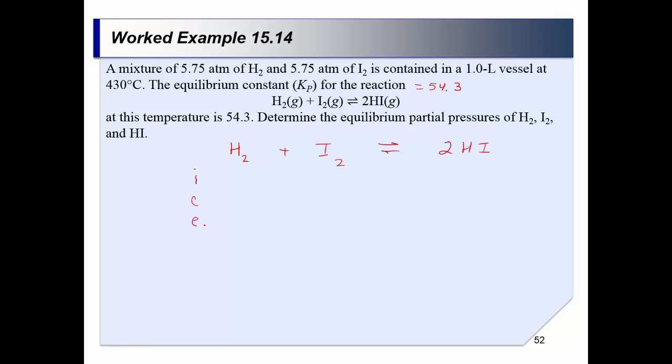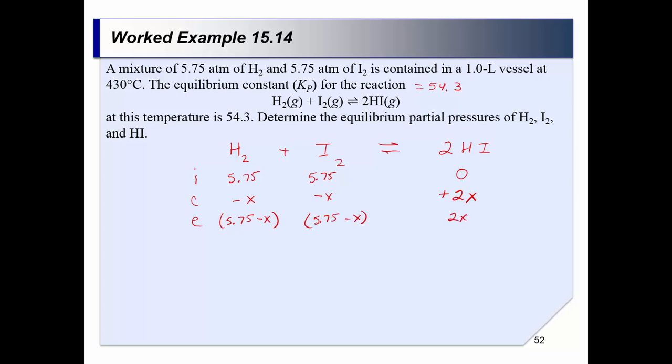We have our initial pressure of hydrogen, 5.75, that will have a change. Our iodine is also 5.75, and that will have a change, but we have no product yet, so that will have a positive change of 2x. So our equilibrium pressure will be 5.75 minus some amount x, and this is a stoichiometric amount.